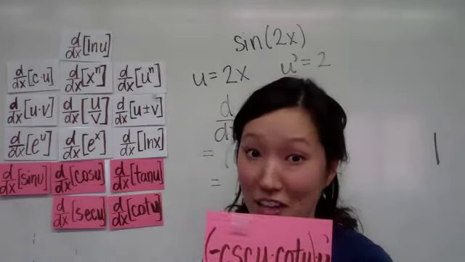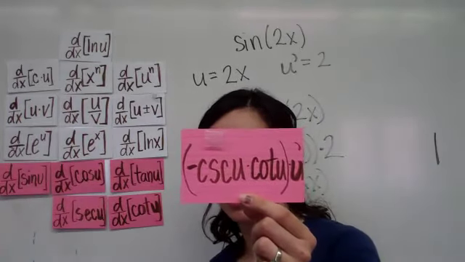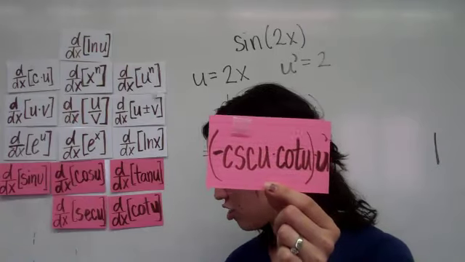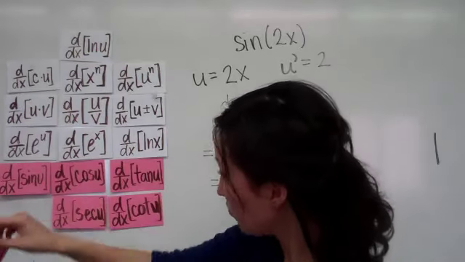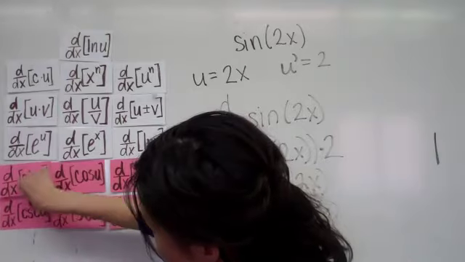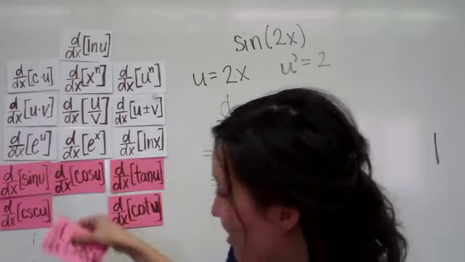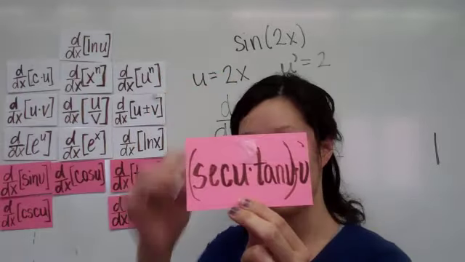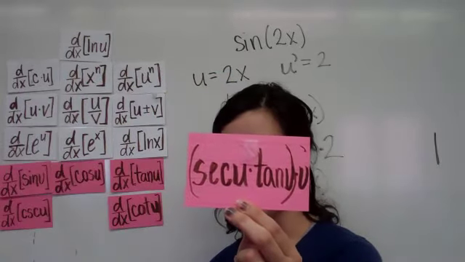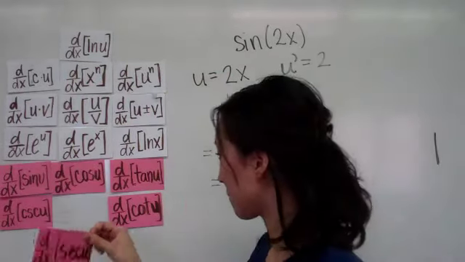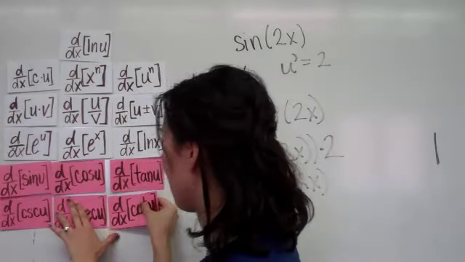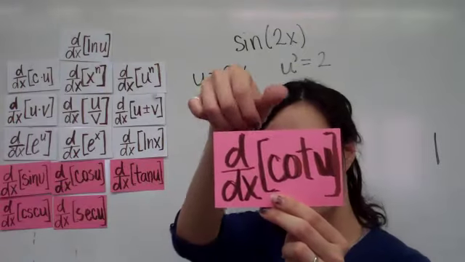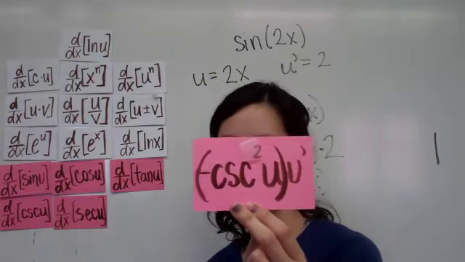And again, in the Pythagorean identities, they were also related there too. But then don't forget to multiply by the inner function's derivative. Secant, once again related to tangent, you're going to keep secant, multiply by tangent, and the inner function's derivative. And cotangent, negative cosecant squared.